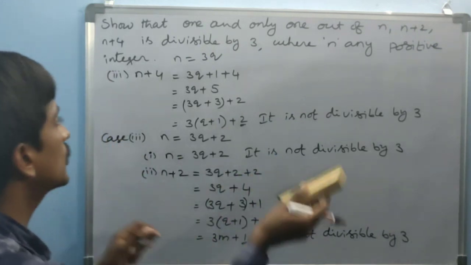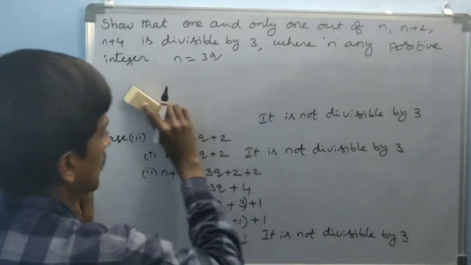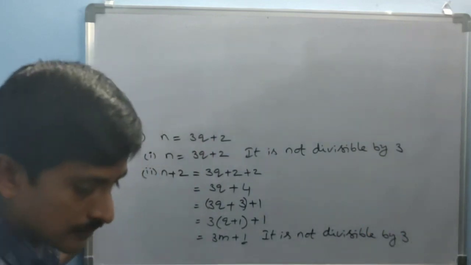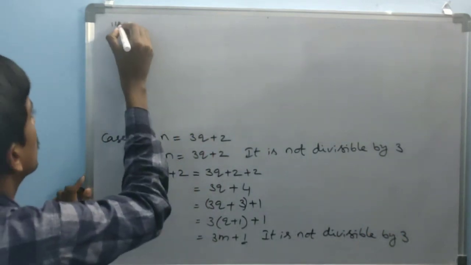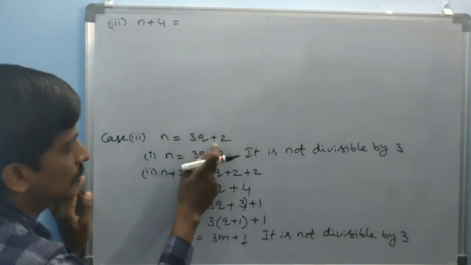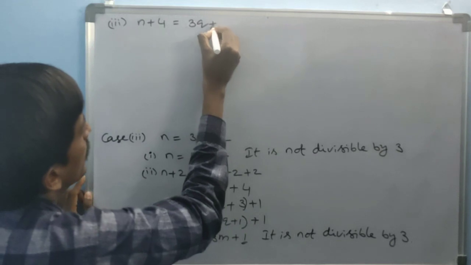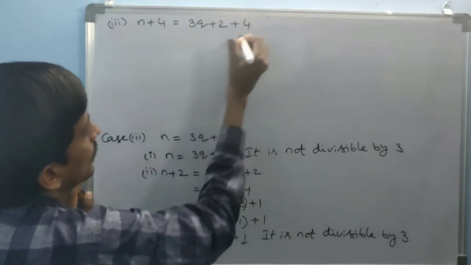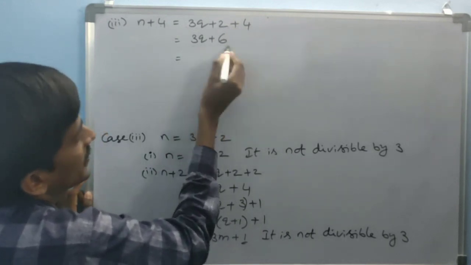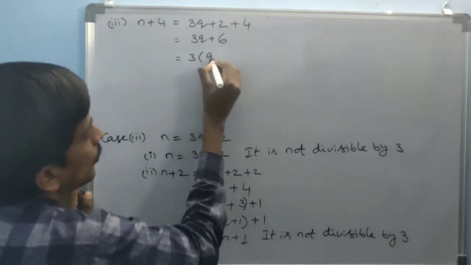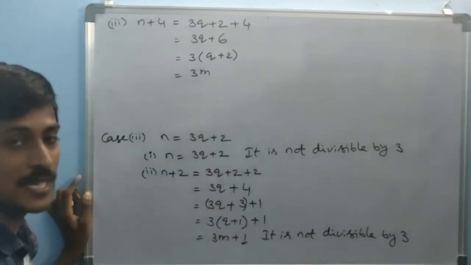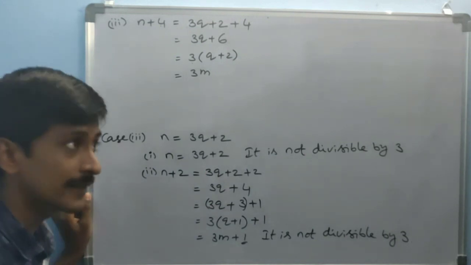What about the third one? Let us check. The third one is n plus 4. What is the n value? 3q plus 2, plus 4, which is 3q plus 6. What is the common factor here? 3, so 3(q plus 2), 3 into something, which is always divisible by 3.